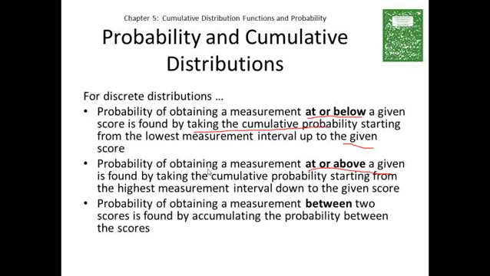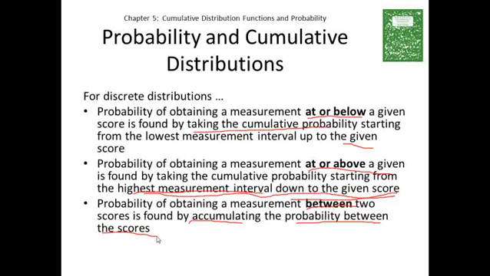So to find the probability of a measurement at or above a given score, it is found by taking the cumulative probability starting from the highest measurement of the interval down to the given score of interest. When you're looking at it between two scores, you simply accumulate the probability between the scores of interest.